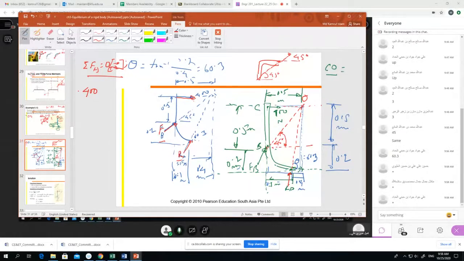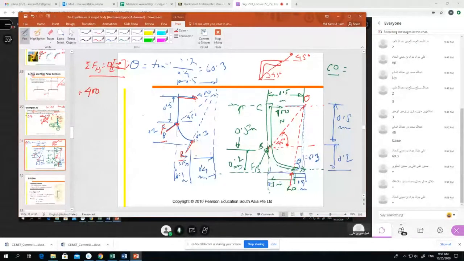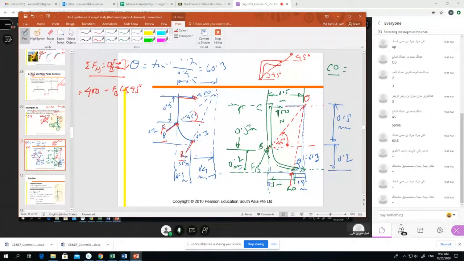Plus, right, so plus 400. Then FB, plus or minus? FB force, and the horizontal component, because this is 45 degrees, is FB cos 45. Plus or minus? Plus. Thank you.